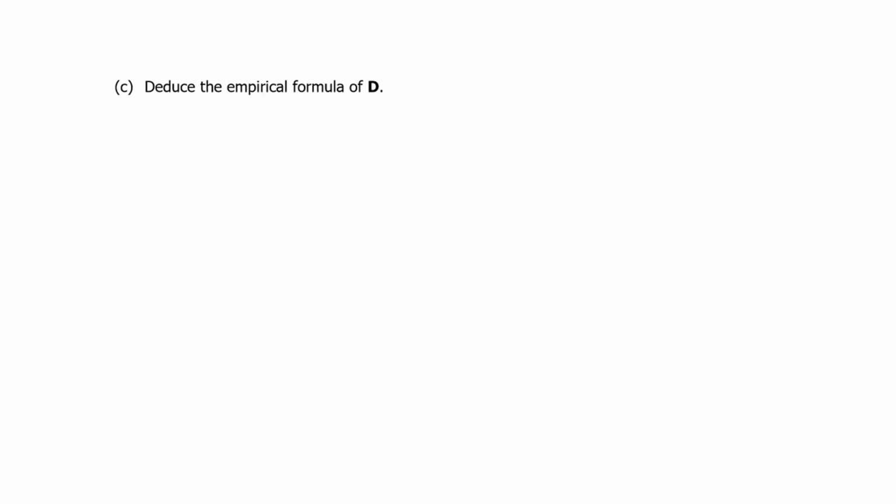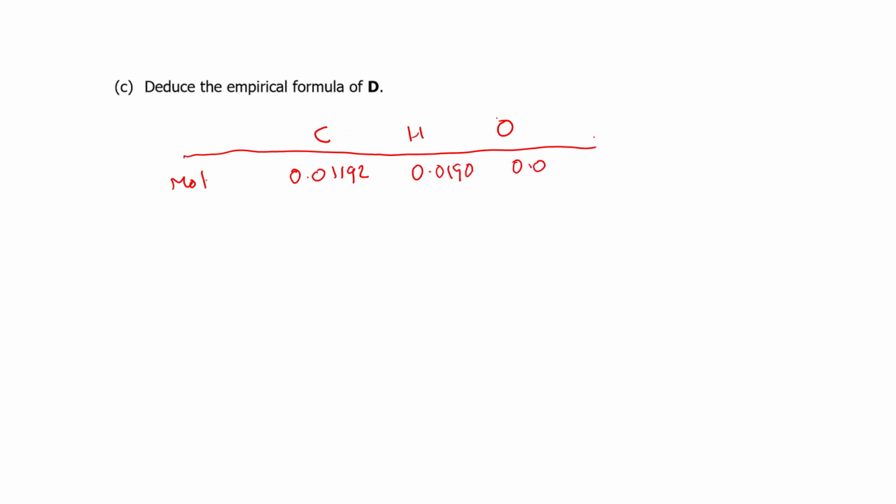So you remember that the quickest way to do empirical formulae is normally to do a little table. So we can put our elements here, carbon, hydrogen and oxygen, and just copy those data in. We've got the moles, so we can just copy those in: 0.2 moles of carbon, 0.0190 of hydrogen, and 0.002375 moles of oxygen.